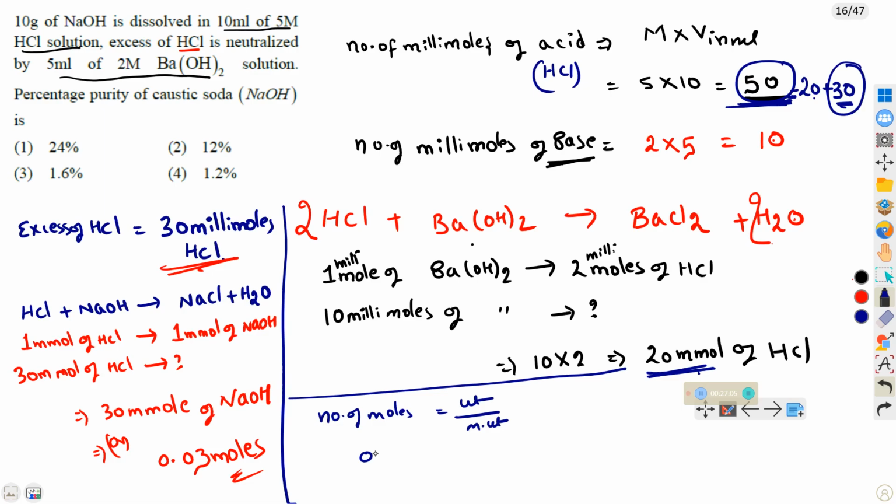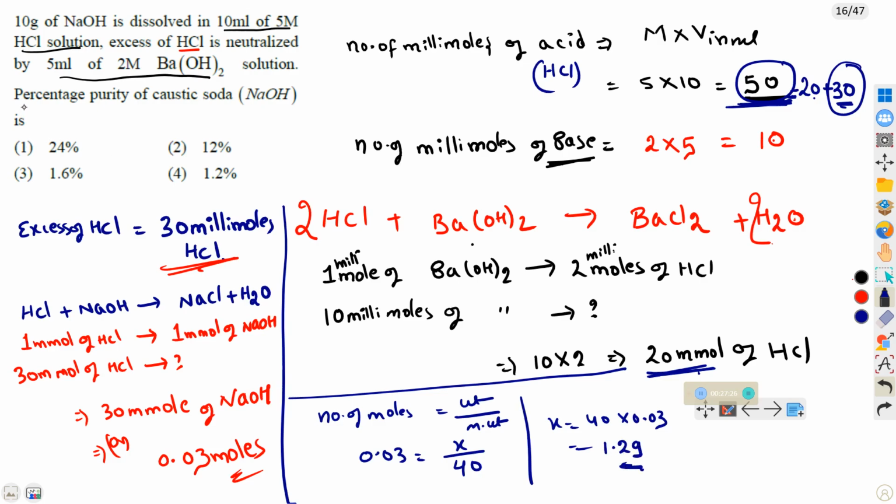Molecular weight of NaOH is 40 grams. Then X is equal to 40 into 0.03. Simplify: 1.2 grams. But what is the question?